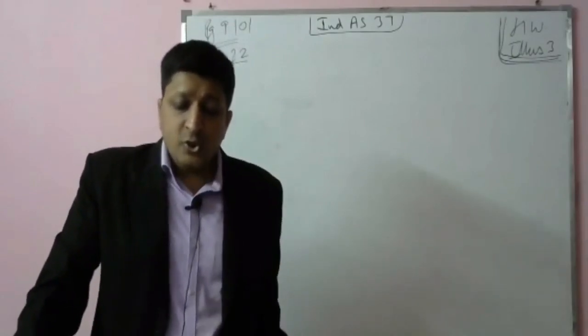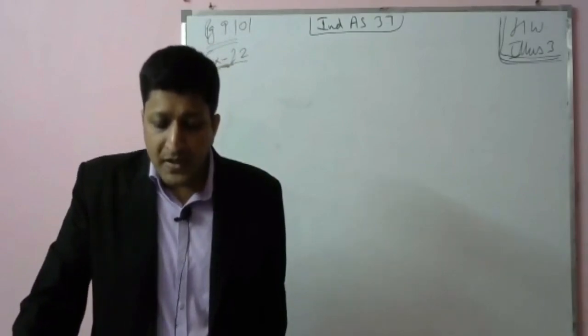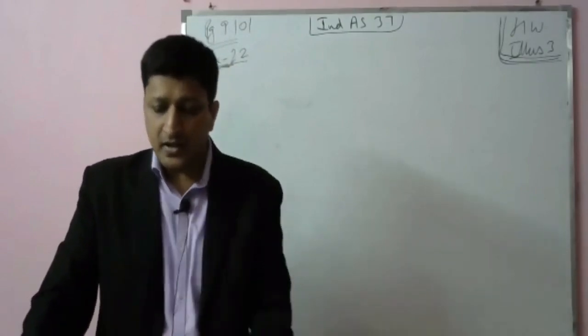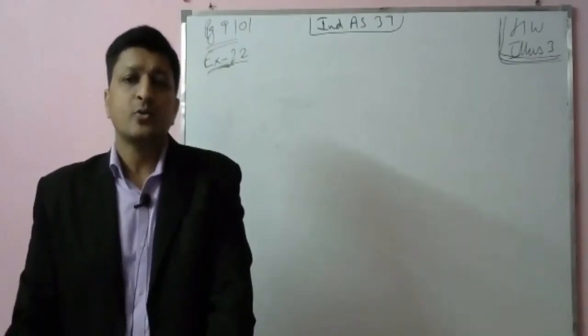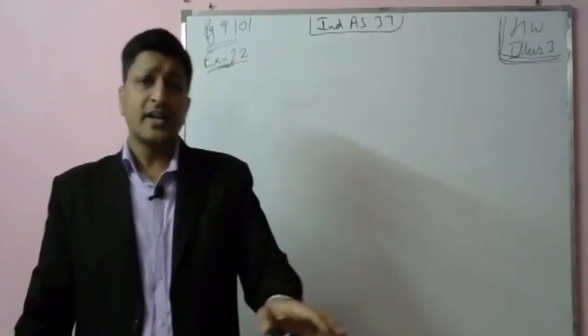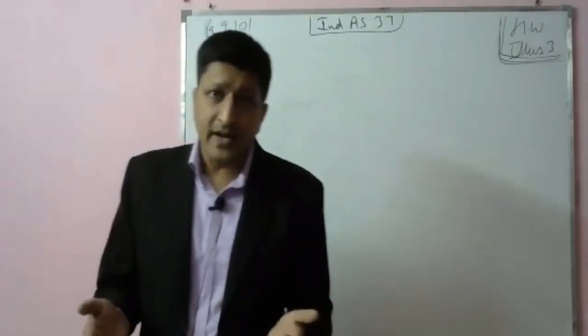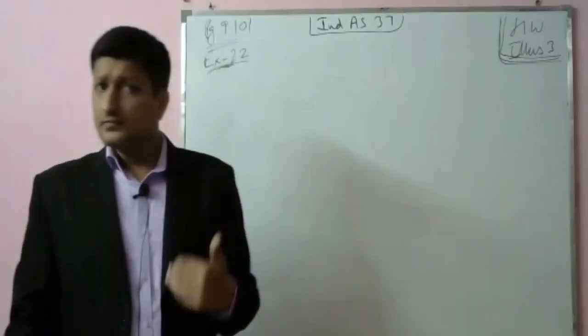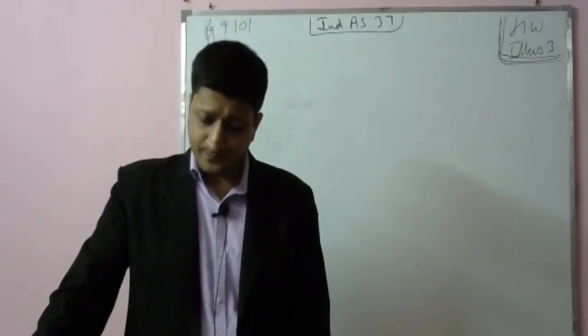A retail store has a policy of refunding purchases by dissatisfied customers, even though it is under no legal obligation to do so. So retail store has a policy that if the customer is dissatisfied, they will take the return and they will pay the money back.